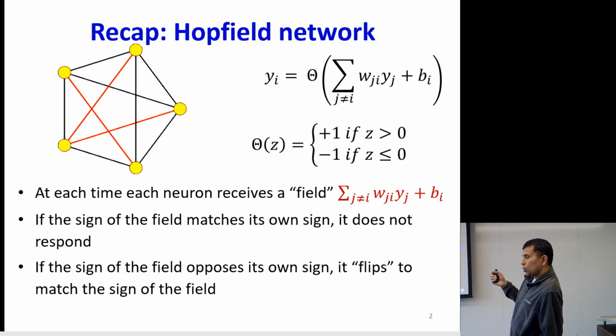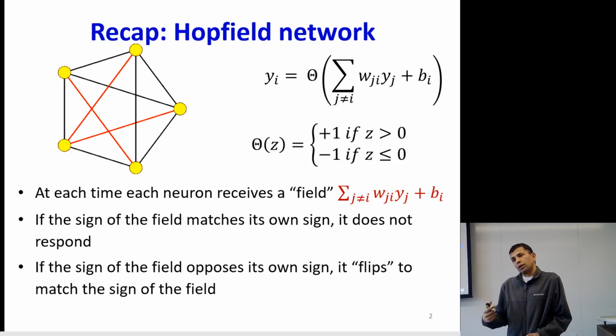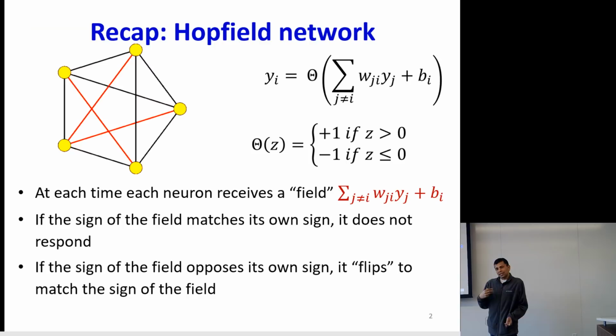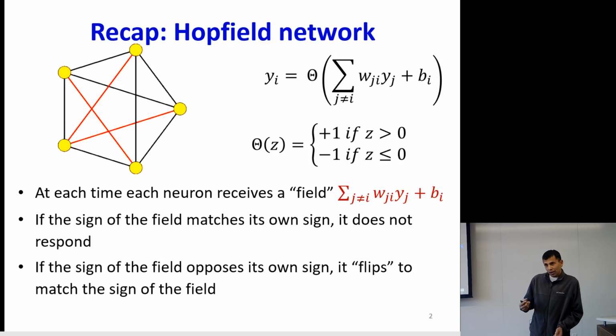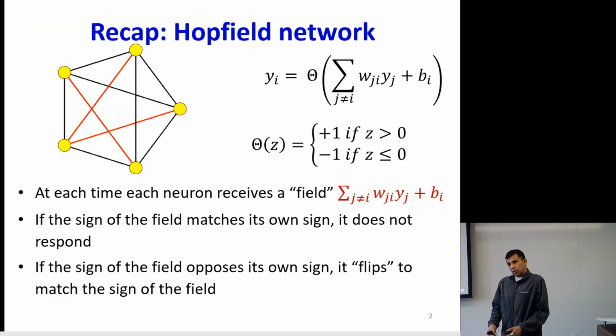And if the total field at a neuron was positive, the neuron became positive. If this meant that it had to flip, it would. And if the total field was negative, the neuron became negative again. Now, this also means that the neuron always tries to align itself with the local field, and it will flip if required to do so.